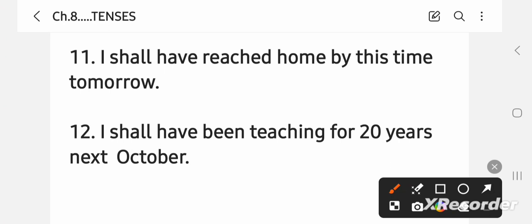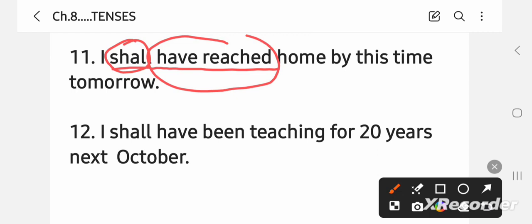Future. What is the verb? Shall have reached. Shall is for future. Have reached is perfect. The action shall have been done. कल की बात हो रही है, लेकिन कल इस टाइम तक एक्शन हो चुका होगा, पहुंच चुका होगा. So shall have reached. The tense is future perfect tense.